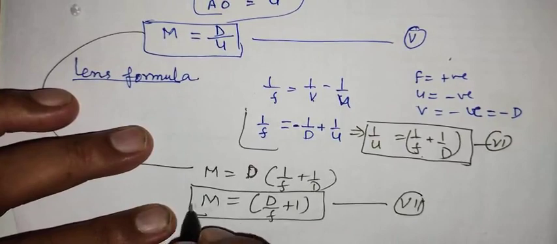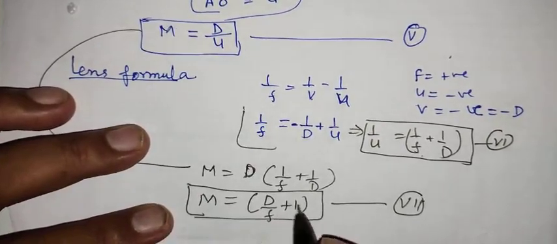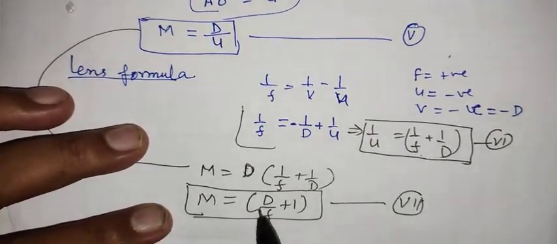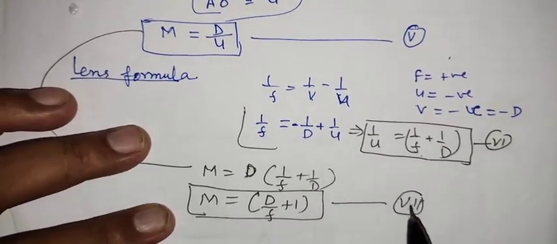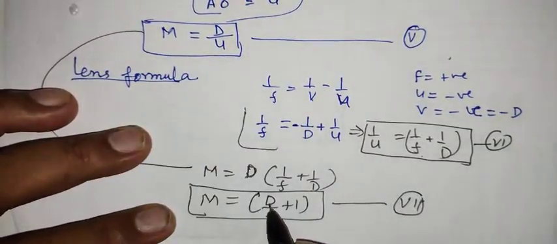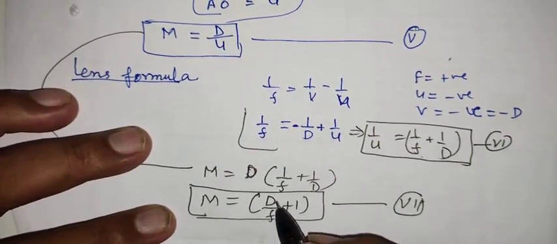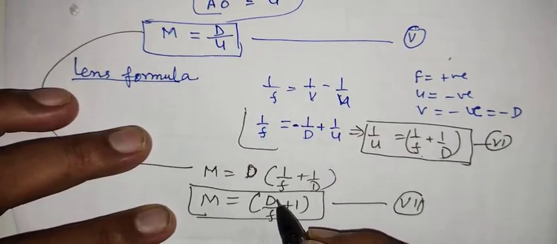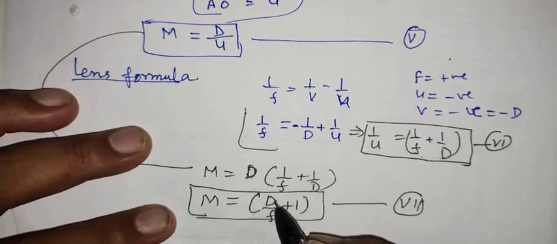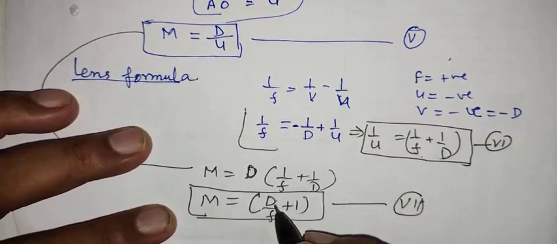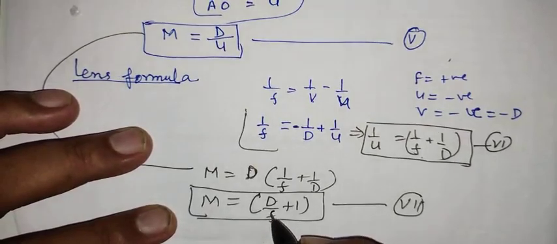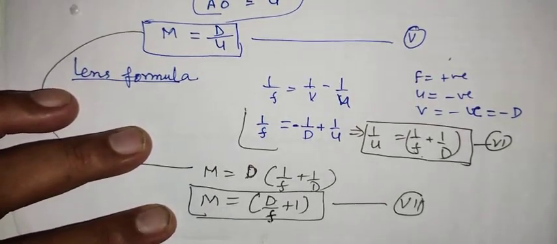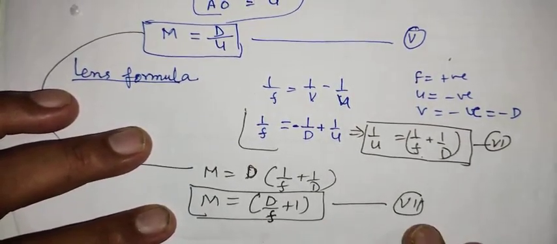So equation number 7 represents the formula to obtain the magnification produced by a simple microscope, and it can be obtained only by knowing capital D and F. Capital D is the least distance of distinct vision, 25 centimeter, and by knowing the focal length of the lens and keeping it in this formula.